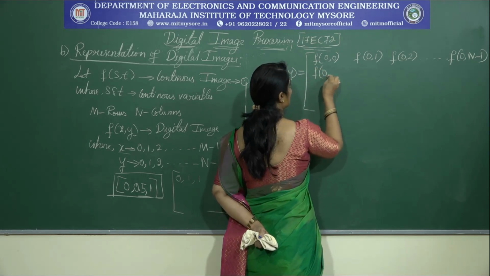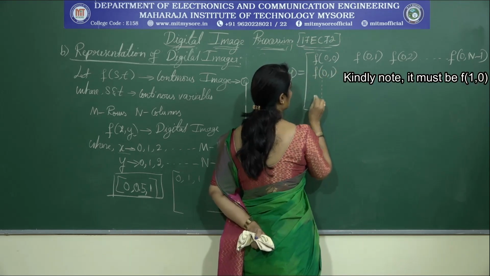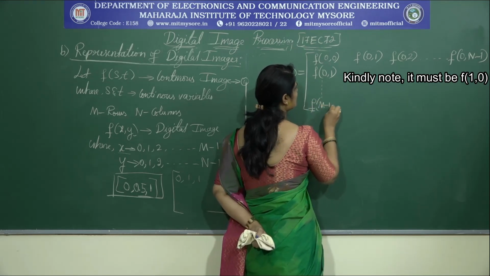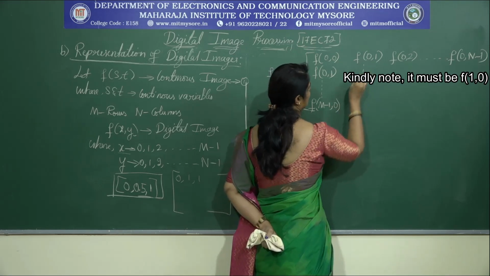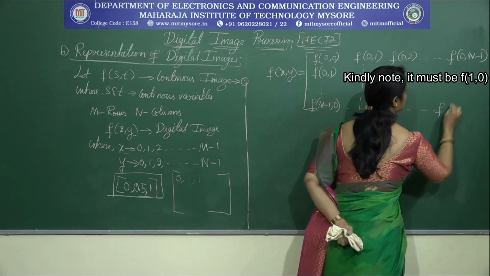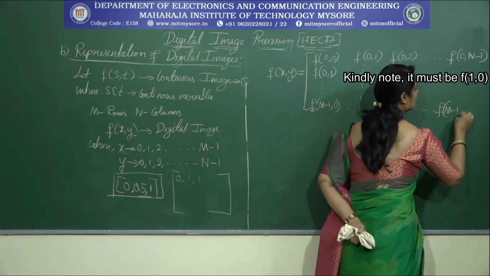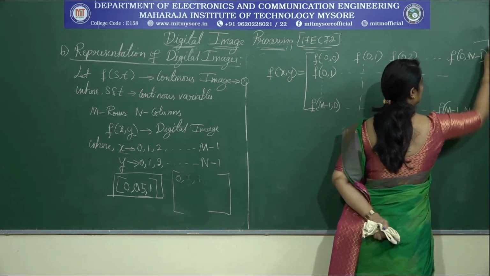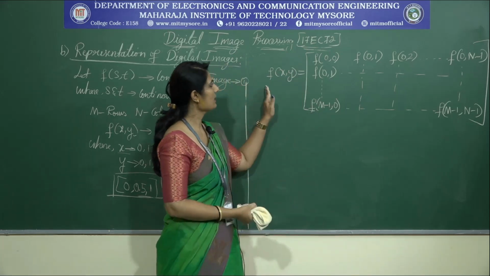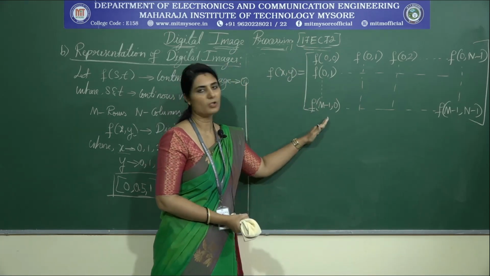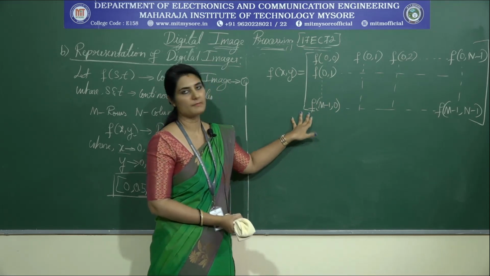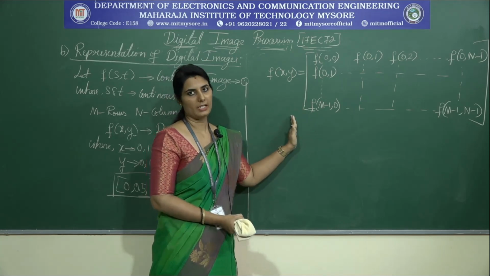And so on, to the last row, first column, and the last row, last column. So this is how digital images are represented in the form of matrices. This method is most widely used in developing algorithms and for processing of images.